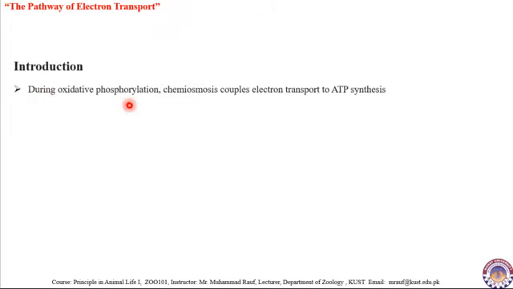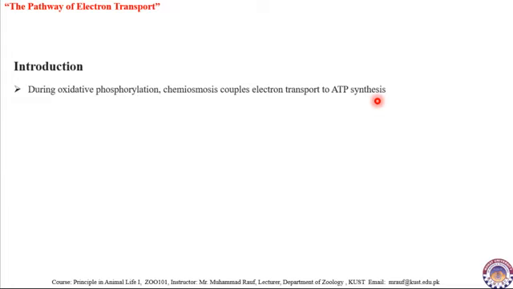During oxidative phosphorylation, chemiosmosis couples electron transport to ATP synthesis. So electron transport chain occurs in the inner membrane of mitochondria, and in this process ATP is generated by a molecular motor called ATP synthase.